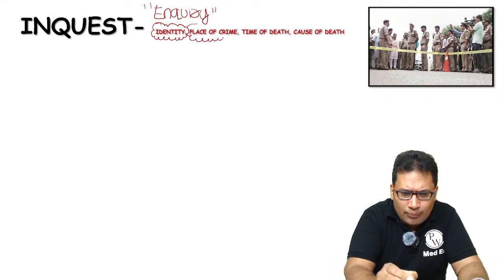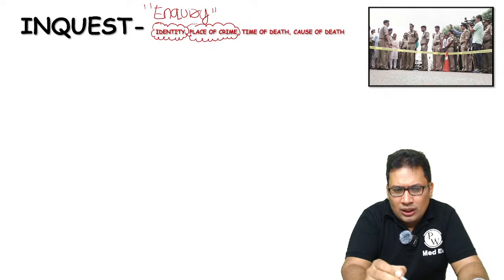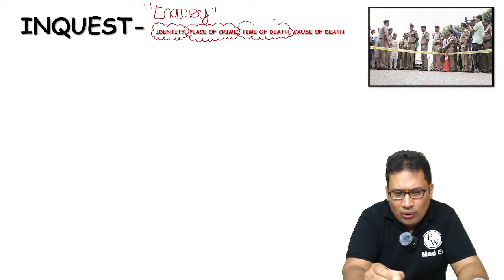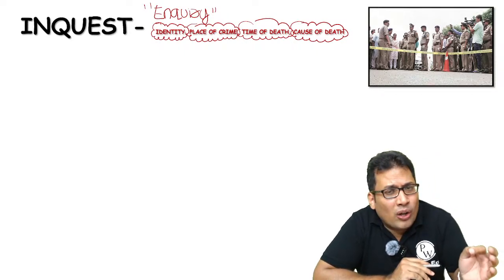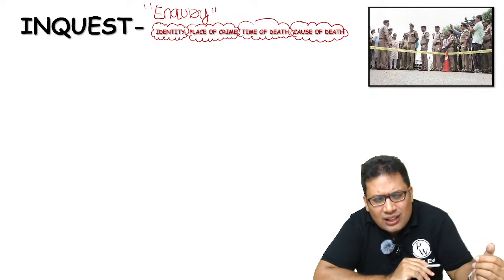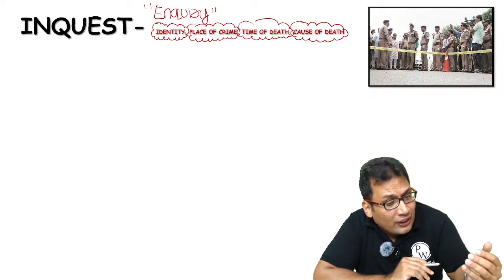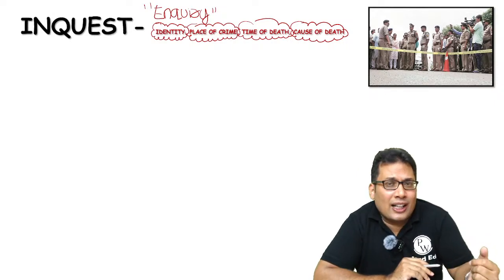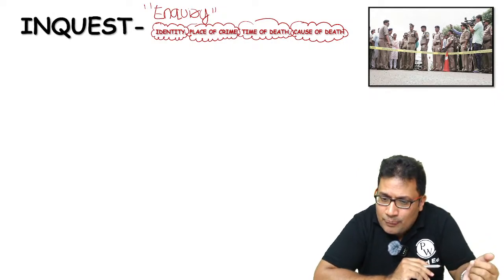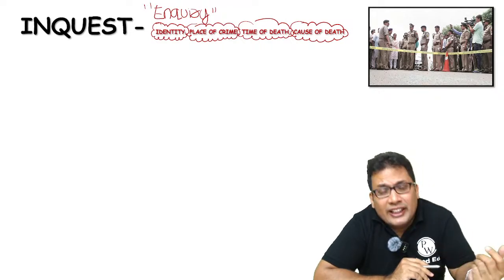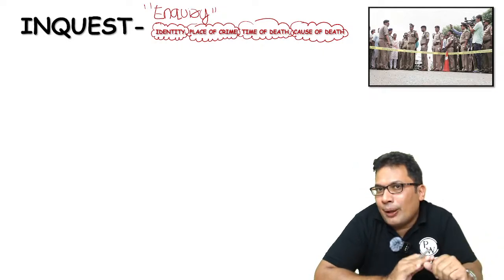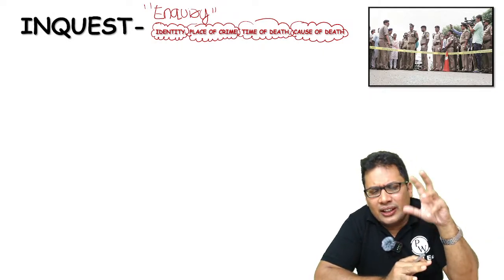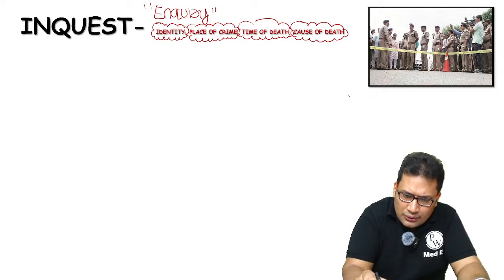Sometime place of crime, time of death, and also cause of death. It is defined in standard textbook: inquest is enquiry towards cause of death. Not only cause of death, in some cases identification, sometime it is about the place of crime, sometime time of death as well. Like in case of hanging, strangulation, poisoning, snake bite, drug addiction. So it can be done in any unnatural death.